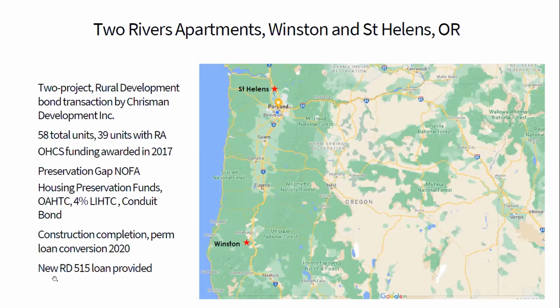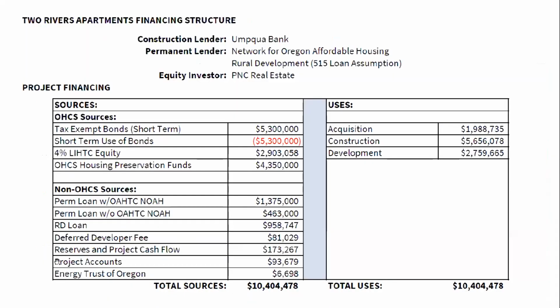So next slide, and then we'll just look at this quickly, but Shelley, you can jump in anytime if you want. I just put up a very simple sources and uses here, just showing the main sources, the temporary use, the short-term use of the tax-exempt bonds for construction.